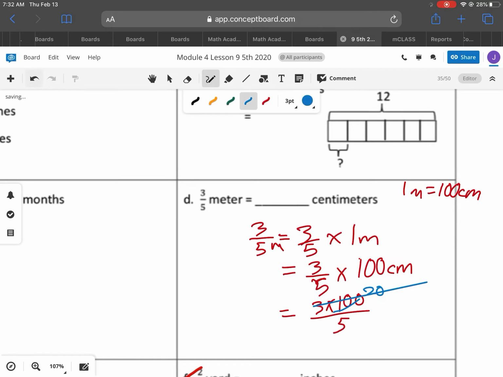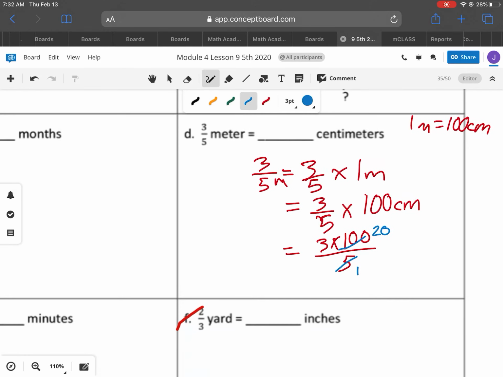We've seen this already. We know the answer is 20 here. And 1 here. And we get our answer of 60 centimeters. This time because we're doing 3 times 20. Or last time I think we did 2 times 20.